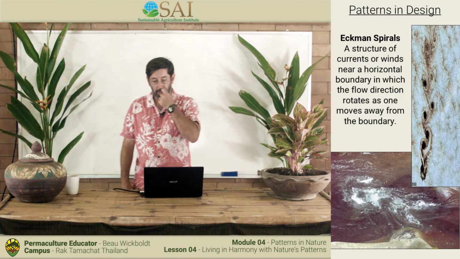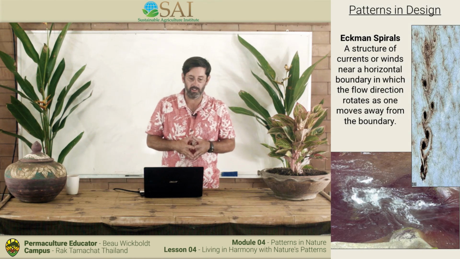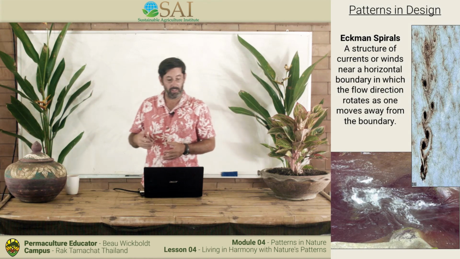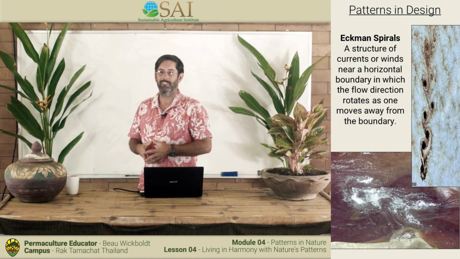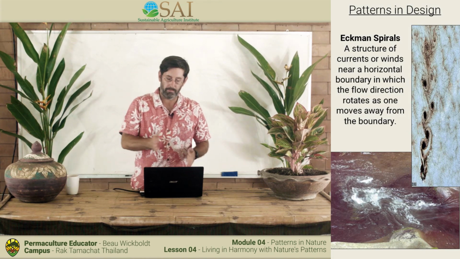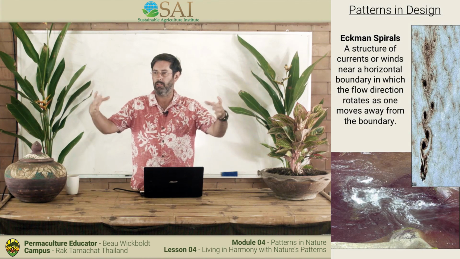So that's an Ekman spiral. So Ekman spirals, it's a structure of currents or wind near a horizontal boundary in which the flow direction rotates as one moves away from the boundary, if you want to be a scientist, or interlocked spirals. When we interlock spirals, the path of the interlock becomes the path, and the spirals are the keyhole gardens.